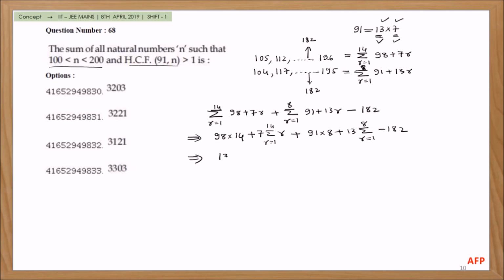It is 1372, plus 7 into 14 into 15 divided by 2. It is the summation formula: sum of n is n into n plus 1 divided by 2. That is what we have used here. 91 into 8 is 728, plus 13 into 8 into 9 divided by 2, minus 182.